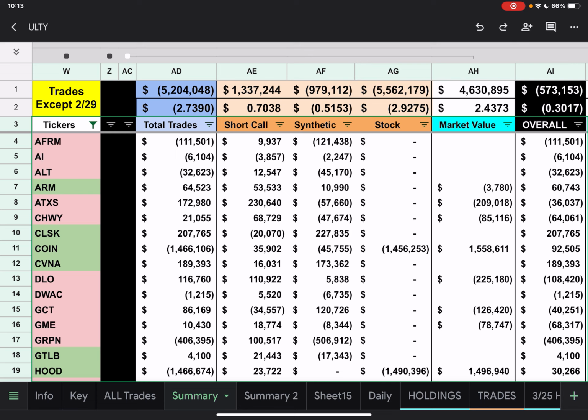So I will start with the screen I'm on. Columns AD, AE, and AF, which are the total trades, short call, and synthetic you've seen before. This will add up the total of all those, and this spreadsheet is all inclusive of all dates since inception, with the exception of February 29th.